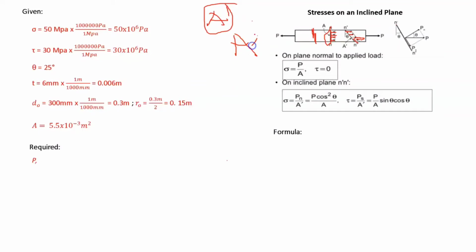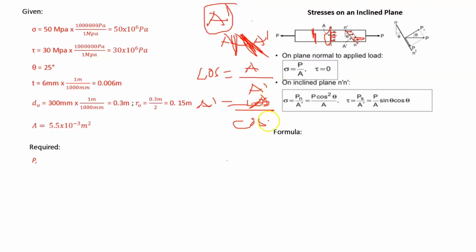This is A prime, or the new area with respect to the angle, and this is the original area. To calculate it, we relate it to the cosine, which is the adjacent over the hypotenuse. So the adjacent is the original area over the hypotenuse. Transposing, A prime is A original over cosine theta.